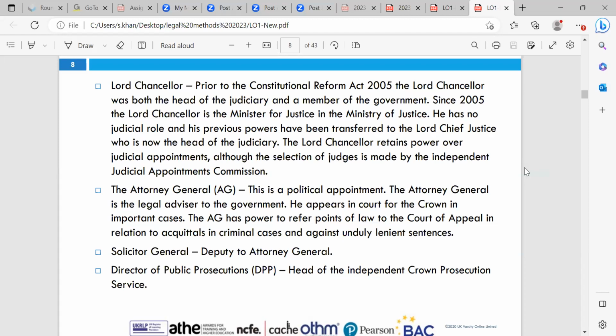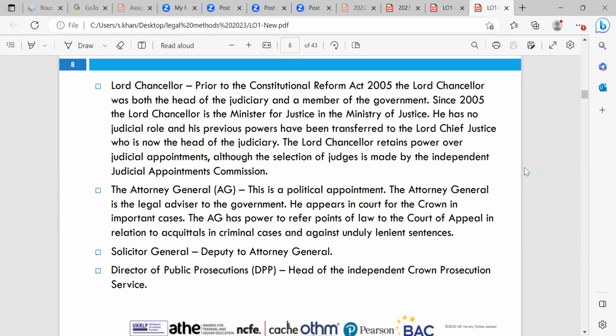The Attorney General, AG, this is a political appointment. The Attorney General is a legal advisor to the government. He appears in court for the Crown in important cases, and has the power to refer points of law to the Court of Appeal in relation to acquittals in criminal cases and against unduly lenient sentences.